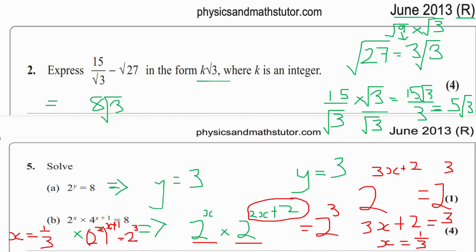Then I use the rules of indices to state that if I multiply with the same base, I just add the powers. So x plus 2x plus 2 goes to 3x plus 2, which is equal to 2 cubed. Then I compared the powers of 2, because everything is in base 2, and I solved the equation by equating the powers together. Hopefully that question makes sense, guys.